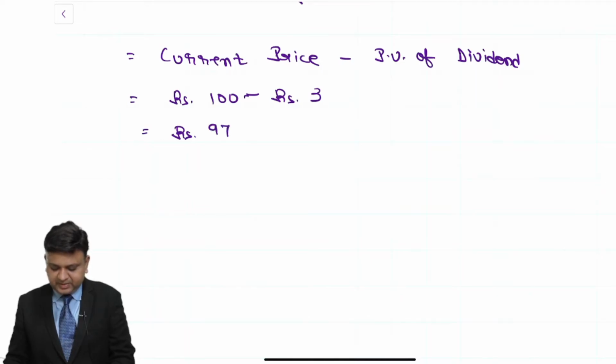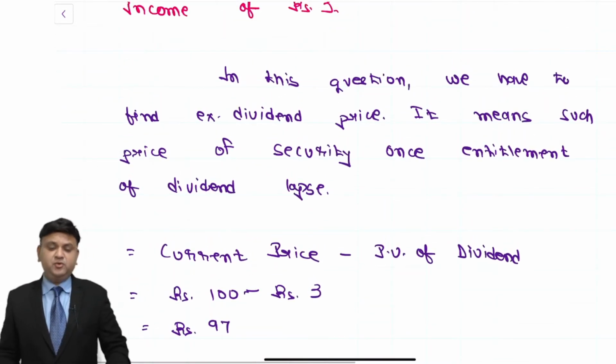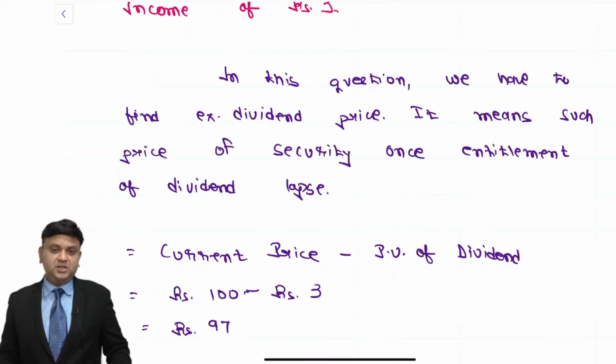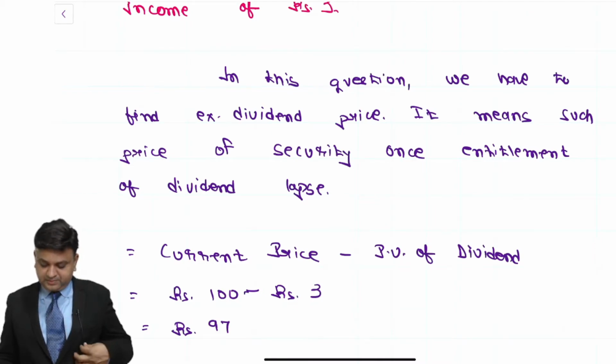The current market price of the equity share is influenced with this dividend declaration. Once the right of the dividend will lapse, the price of the security will fall down with the amount of the dividend income which the investor is going to receive. So the price of the security will fall down with the dividend income.